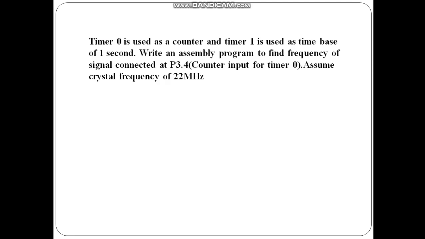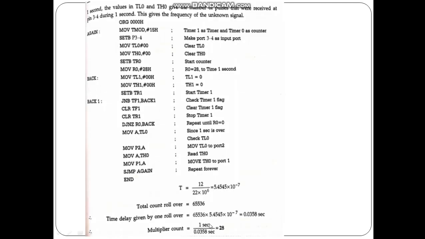So the calculation differs. First you have to find out the timer frequency. Timer frequency is the oscillator frequency divided by 12. Then take the inverse of that. Oscillator frequency divided by 12 gives the frequency, and the inverse of that gives the time period.